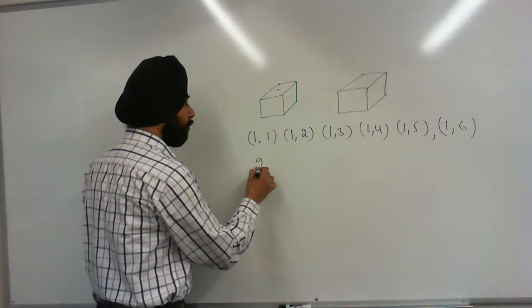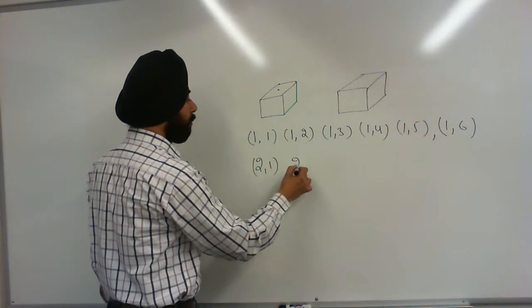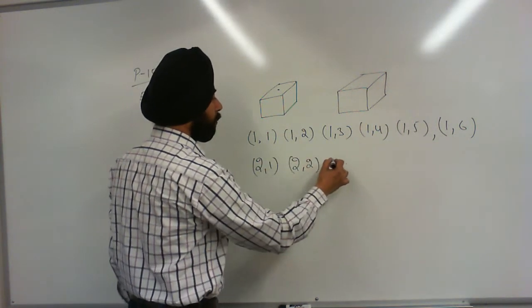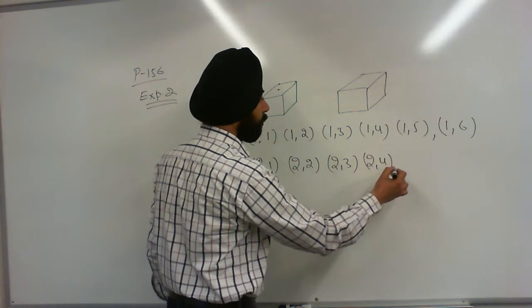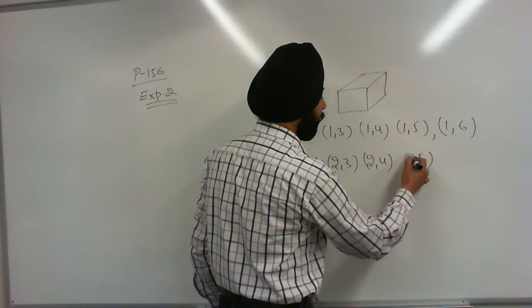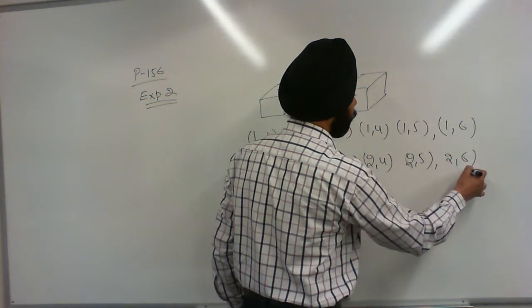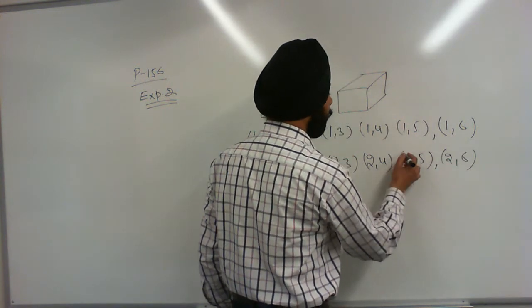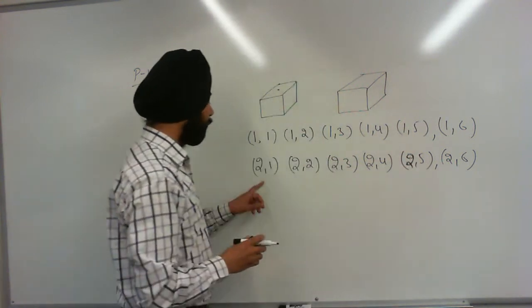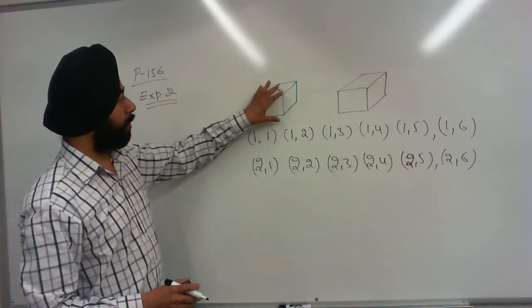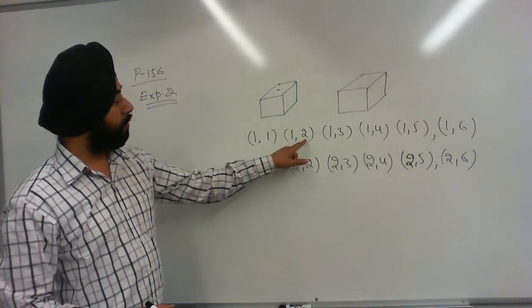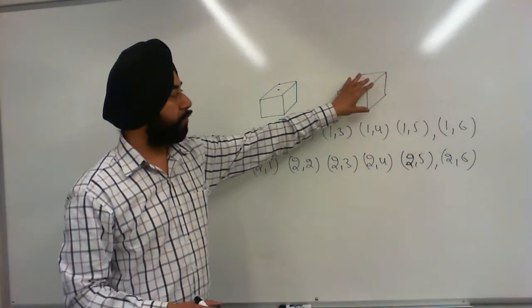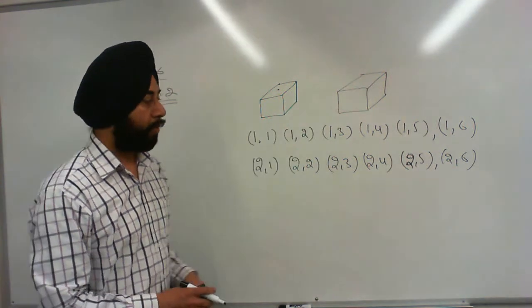Then you start with 2: 2, 1, 2, 2, 2, 3, 2, 4, 2, 5, 2, 6. And in all of them, the first number that we have written belongs to this die. All the second numbers belong to the other die, right?